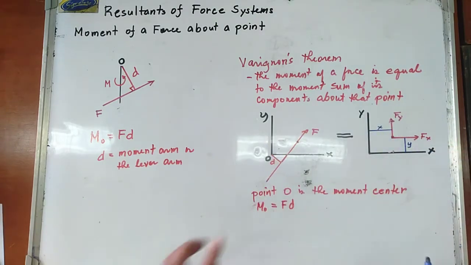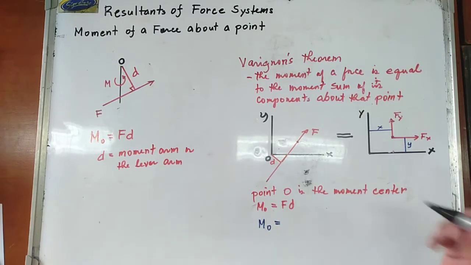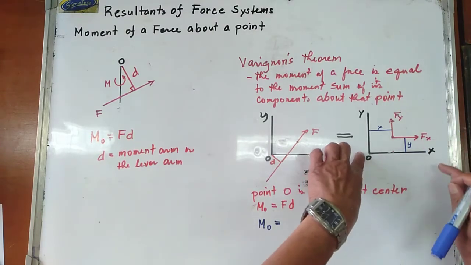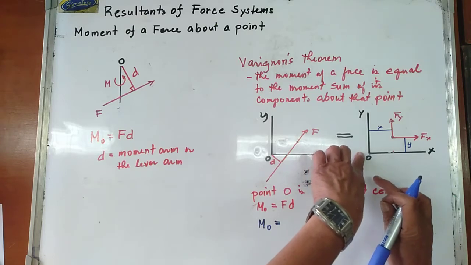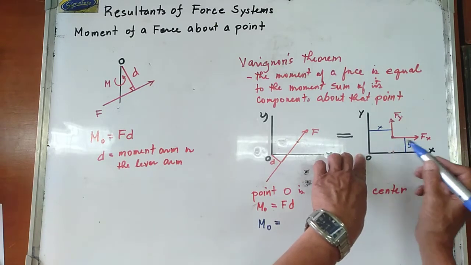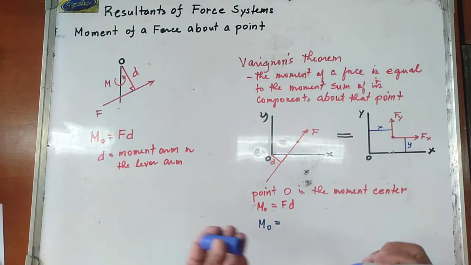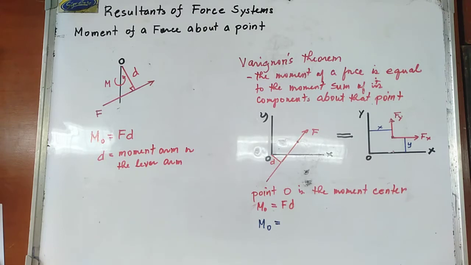So applying now your Varignon's theorem, the moment of that force about point O is now equal to the moment sum of its components about that point. So this is now your point O. So we now have about point O, your Fx in here is now having a moment about point O, and the perpendicular distance from the line of action of that force to the moment center is now equal to y.